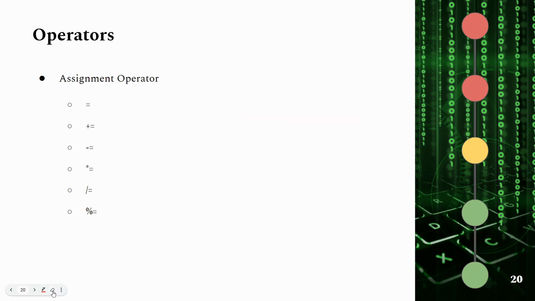In programming, when we say a equals 5, what we actually mean is that the value of 5 should be given to a. That is, when we print a, it will show that a is 5. This is the use of the equal sign. Be very careful about this.